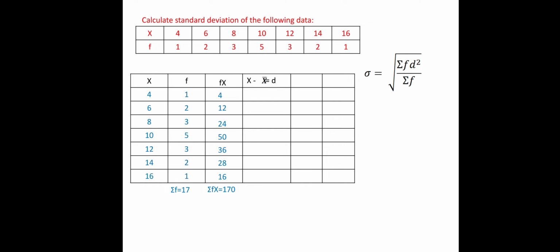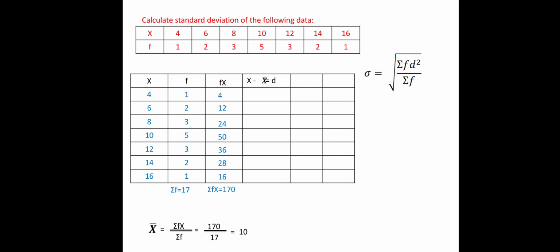So the value of x we have, this is the value of x, that is capital X, but this x bar we need to calculate, so it is calculated with the formula x bar is equal to summation of fx divided by summation of f. Summation of fx we have 170, summation of f also we have got 17, so calculate it, we get the value 10.